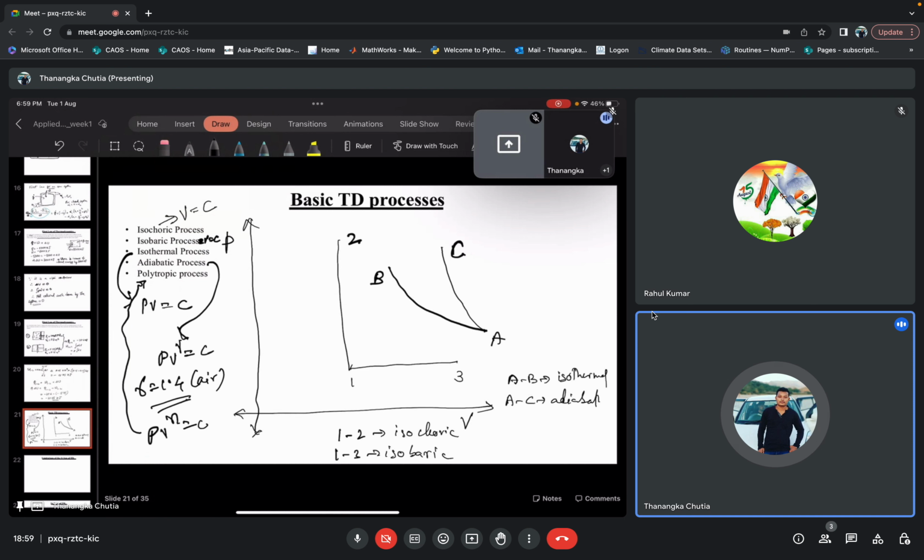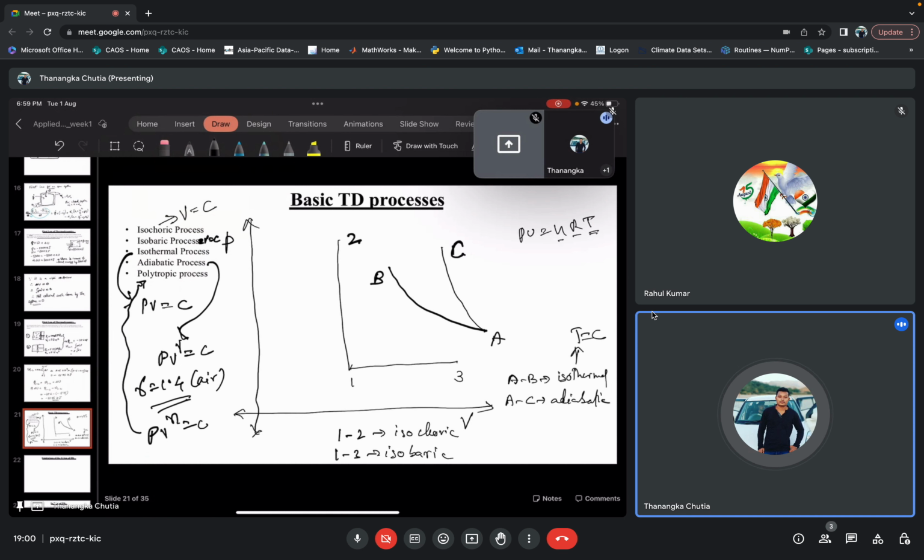What does this physically mean? For isochoric and isobaric, you can understand that volume remains constant and pressure remains constant. Isothermal is basically T equals constant. Now how we got this process is very simple. PV equals nRT, this is from the ideal gas equation. Now n and R, we know that these are already constant.